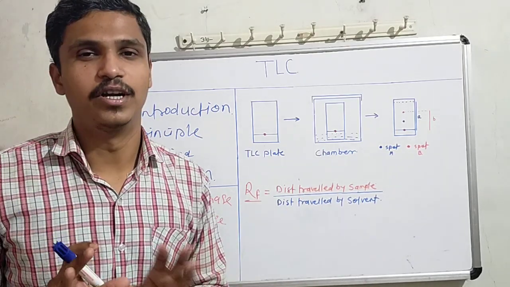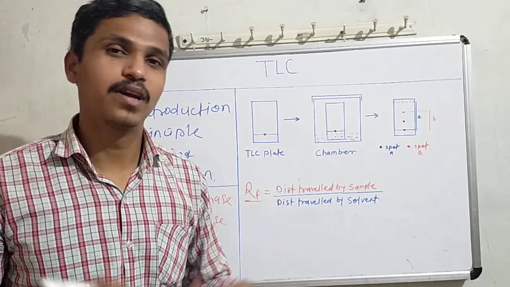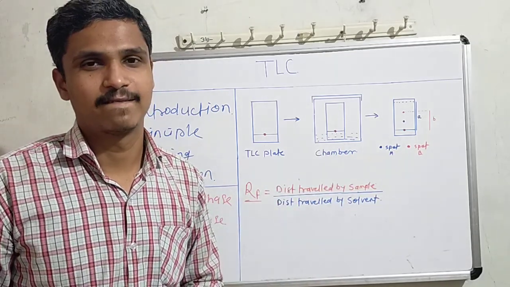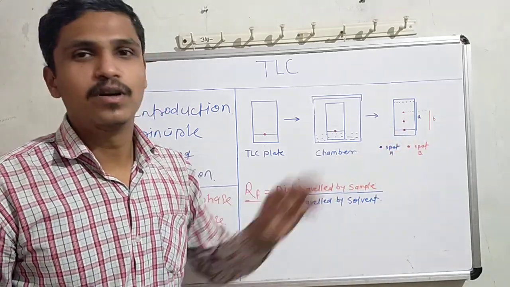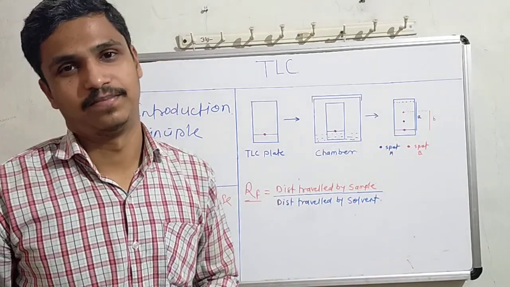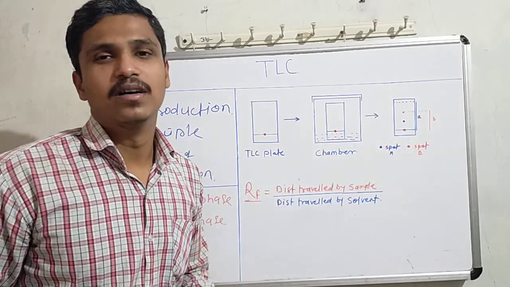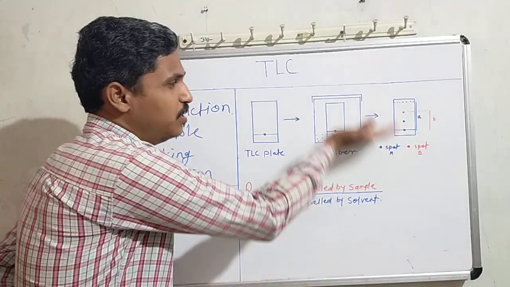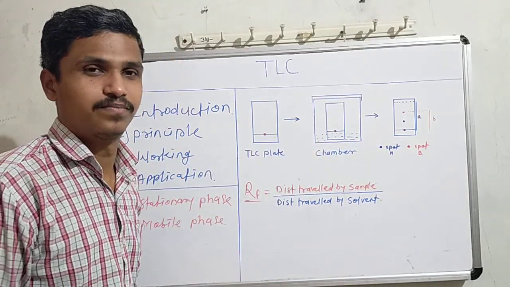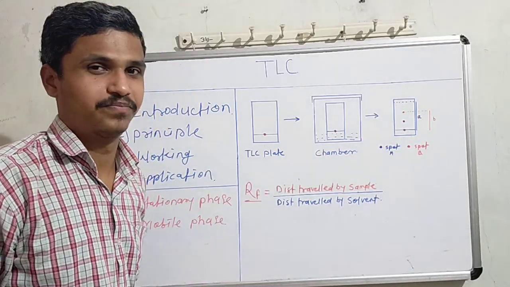It is a qualitative technique. From these spots, we can also determine and analyze the different components which are present in the mixture. Okay. The one thing remaining in this working is how these spots are separated.